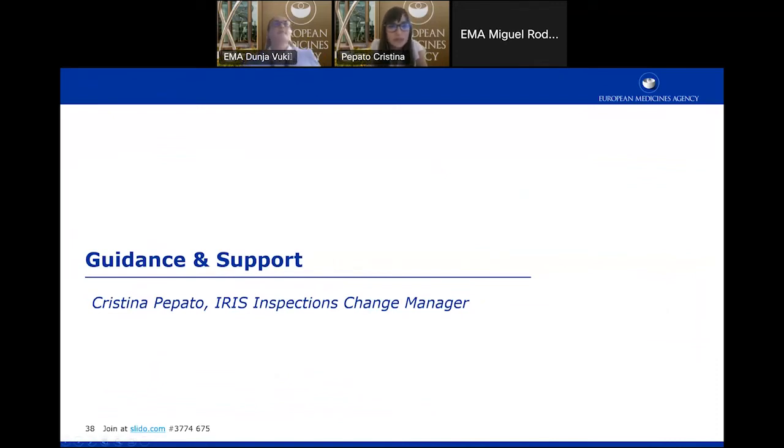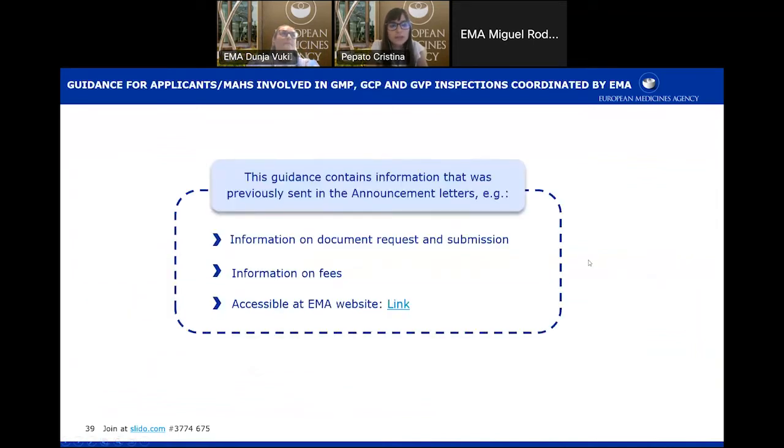Thank you very much, Dunia, for the demo. So she has anticipated some information around the guidance documents that are already available to you. First of all, the guidance for applicants, MAHs involved in GMP, GCP, and GVP inspections coordinated by the EMA.